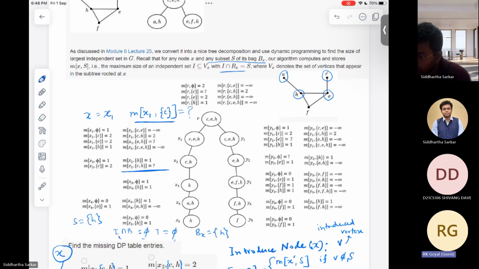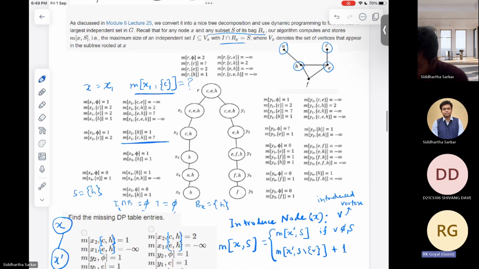So this is A, then H, F and E, and then C. Now in this graph, for ACH, we look at the vertices which are not connected.